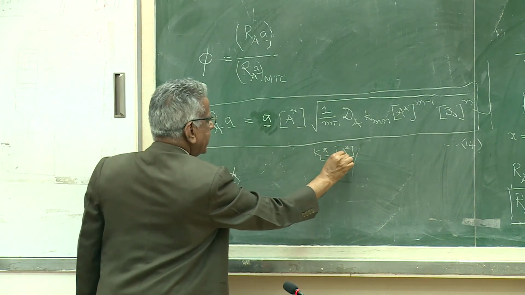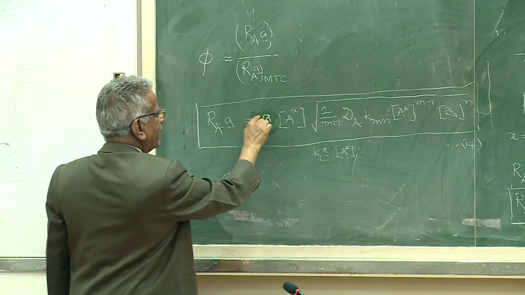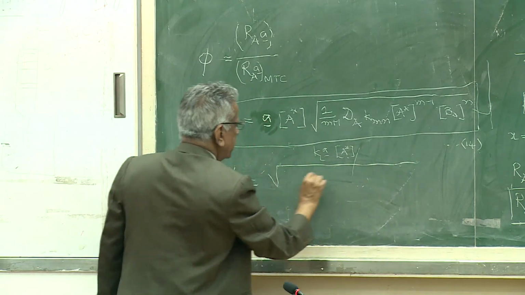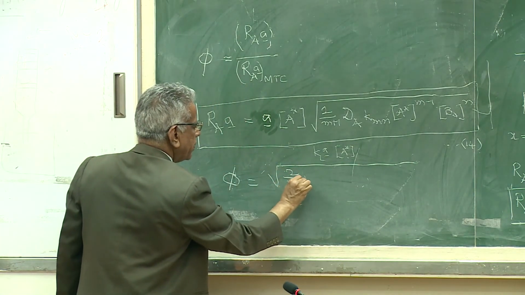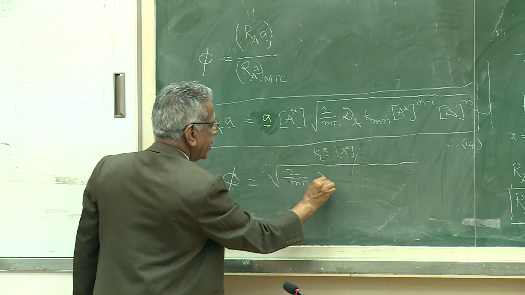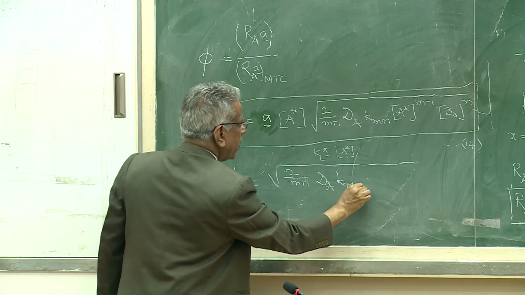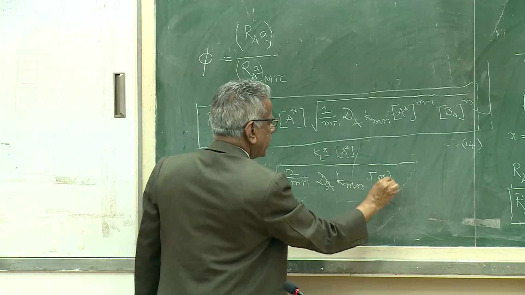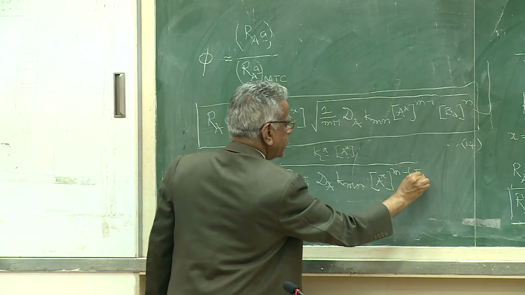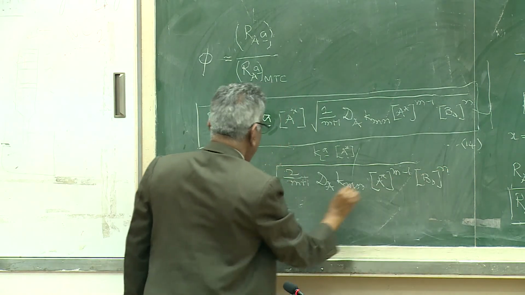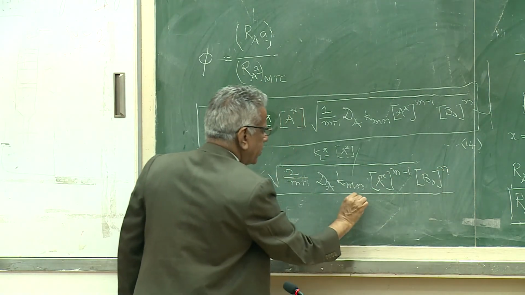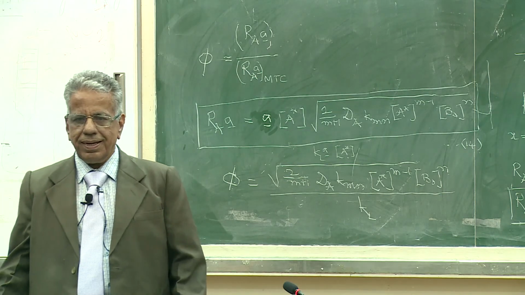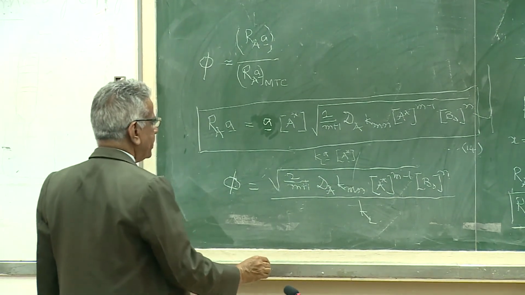So, this A star will vanish, this A will vanish, and enhancement factor phi is equal to 2 upon m plus 1, dA, Kmn, A star raised to m minus 1, B naught raised to n, divided by KL. Okay. Let us give some equation number. This is 15.